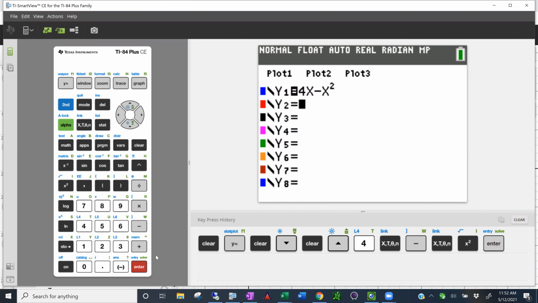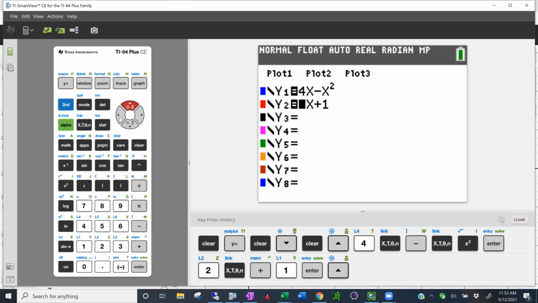And at the same time, we'll also type in the equation of our tangent line, which is going to be 2x plus 1. But I don't want to graph the tangent line right away. So let me show you a little trick. Not sure you're familiar with this or not. But if you put the cursor on the equal sign of your equation and then press the enter key once, it toggles it off.